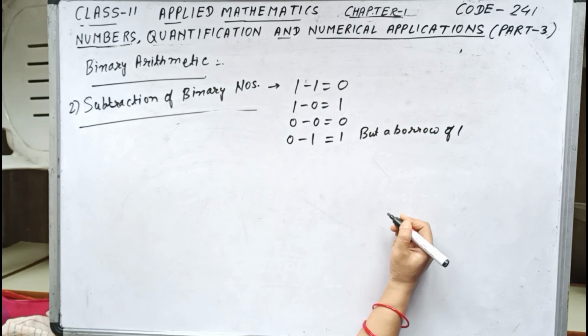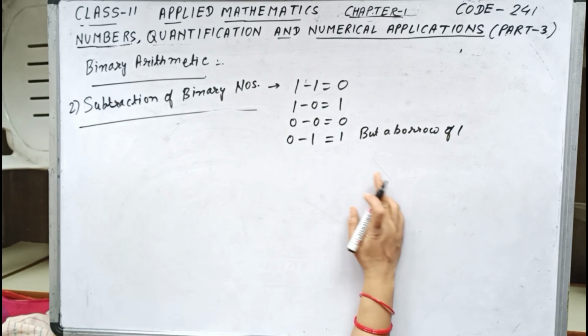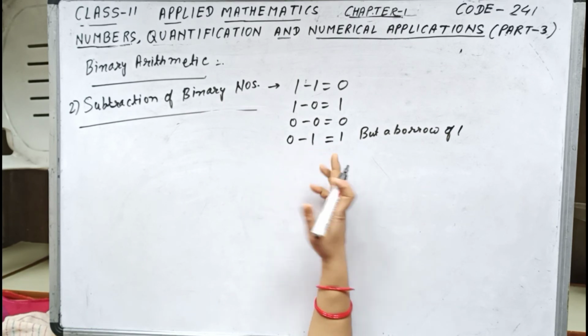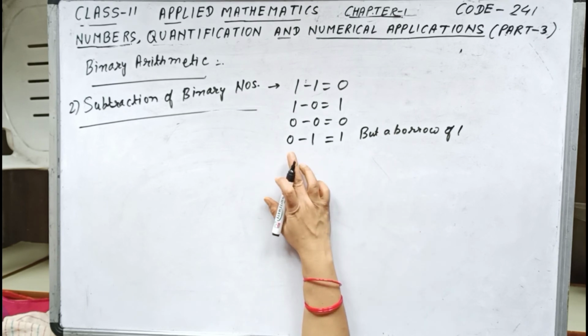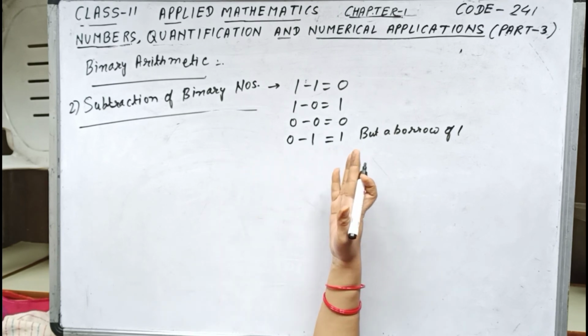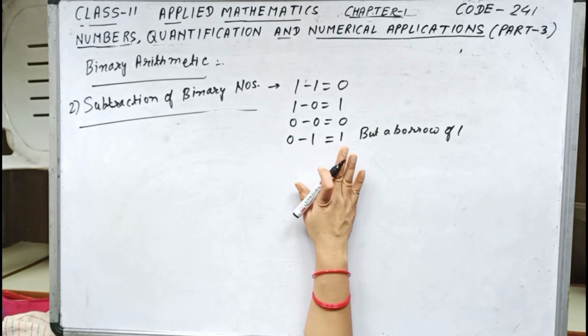So I think you understand. 0 minus 1 is equal to 1, because from 0 we cannot subtract 1. But if I carry 1 from the second column, it will be equal to 1 over here.